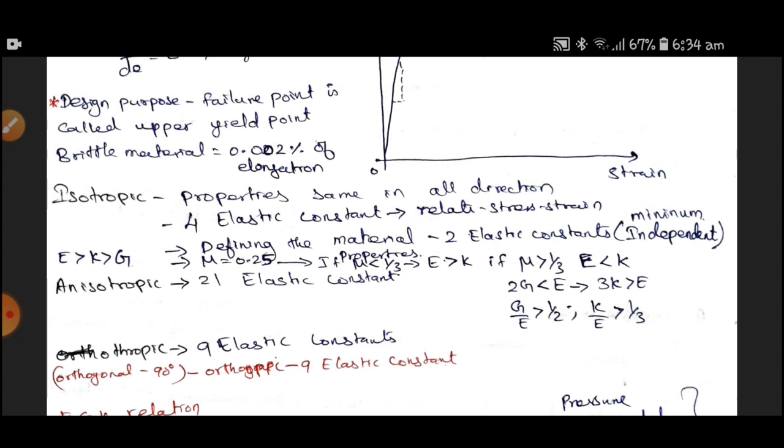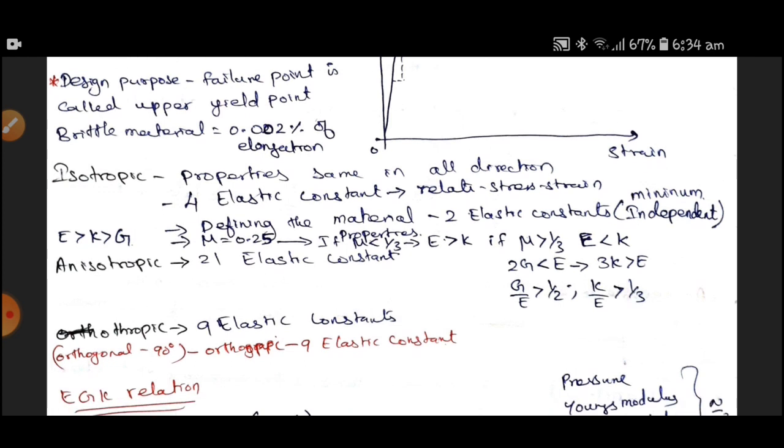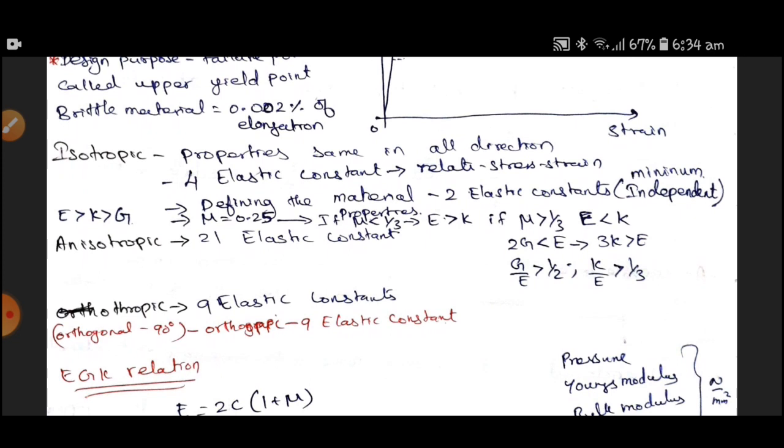If mu is equal to 1 by 3, Young's modulus E equals bulk modulus K. If mu is less than 1 by 3, E is greater than K. If mu is greater than 1 by 3, E is less than K. And 2G is less than E, and 3K is more than E. Therefore, E by G is more than 2, and K by E is more than 1 by 3. So this is the relationship for isotropic materials.